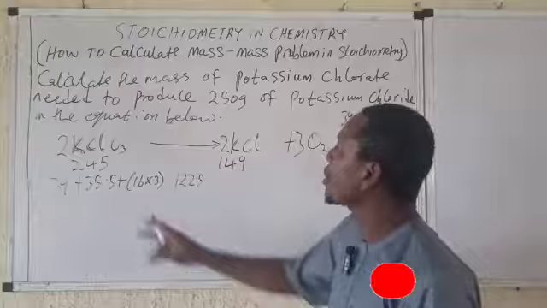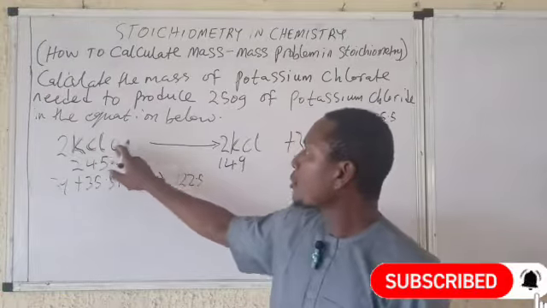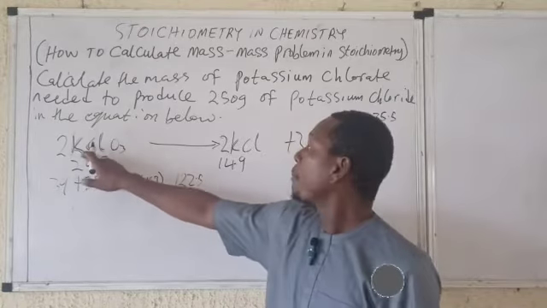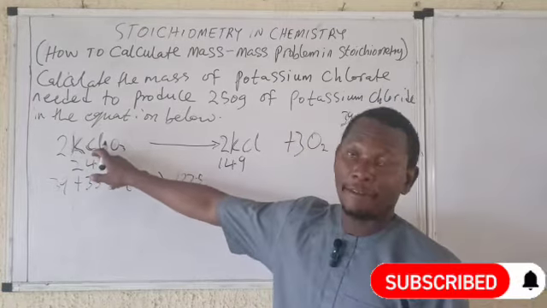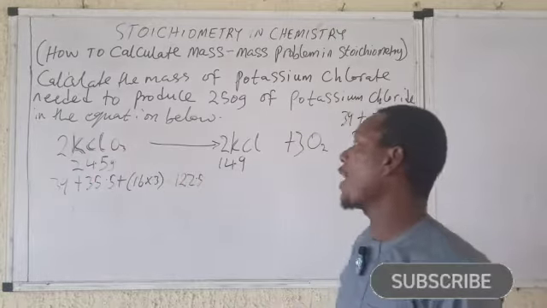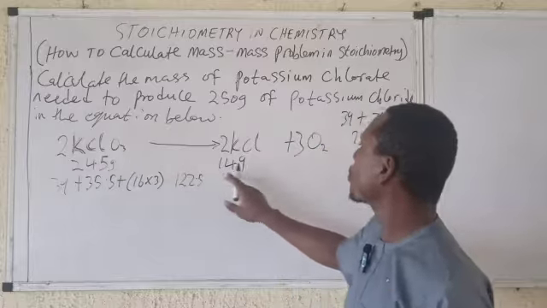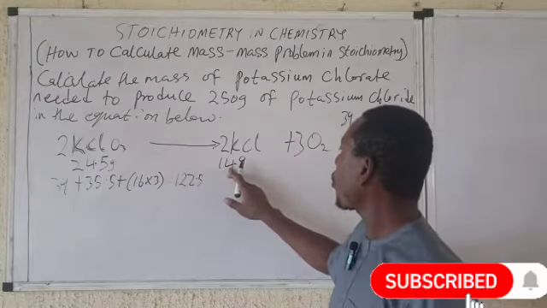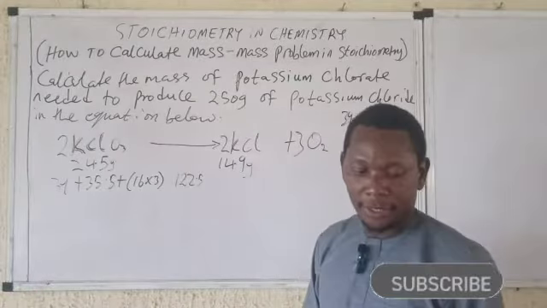So you realize that 245 grams of potassium chlorate, also called potassium trioxochlorate(V), where the oxidation number of chlorine here is 5, produces 149 grams of potassium chloride.